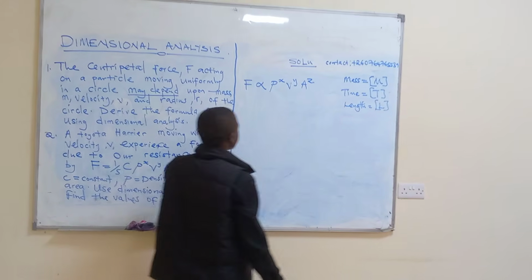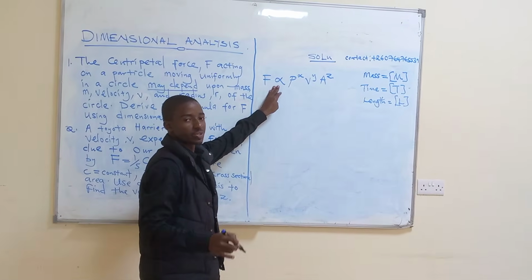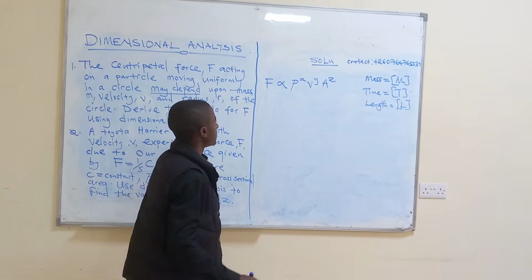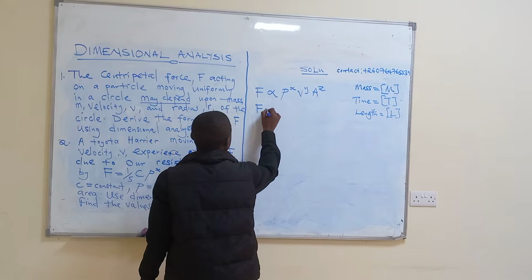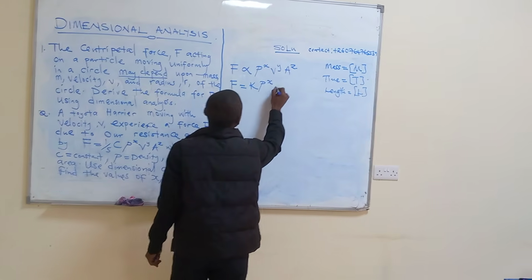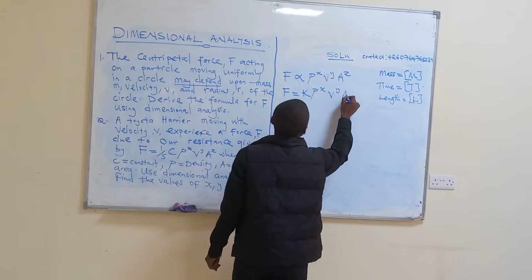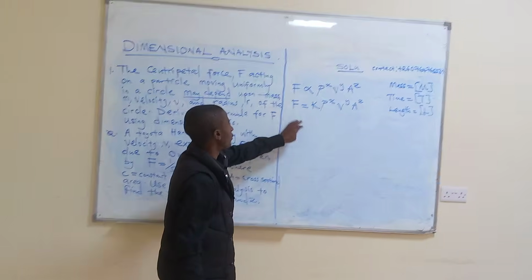So under that, I'm going to change this sign to introduce a constant by putting an equal to symbol. So that is force is equal to constant, that is density, velocity, area. So from there I should write the dimension of each.